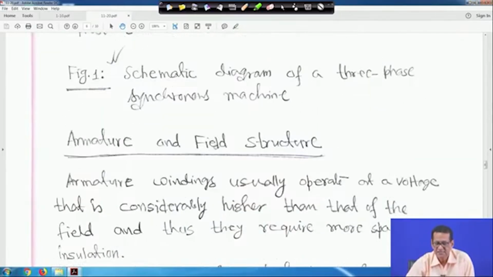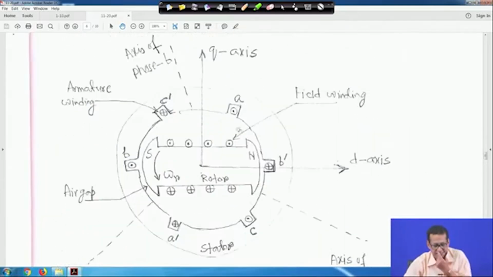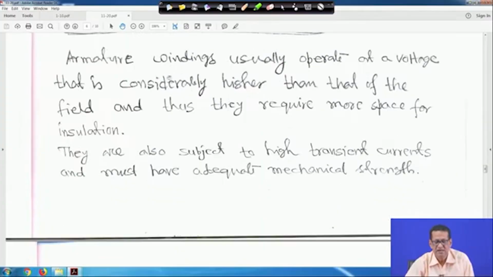In the armature and field structure shown in the schematic diagram, the armature windings usually operate at a voltage that is considerably higher than that of the field, and thus they require more space for insulation, right. They are also subject to high transient currents and must have adequate mechanical strength.